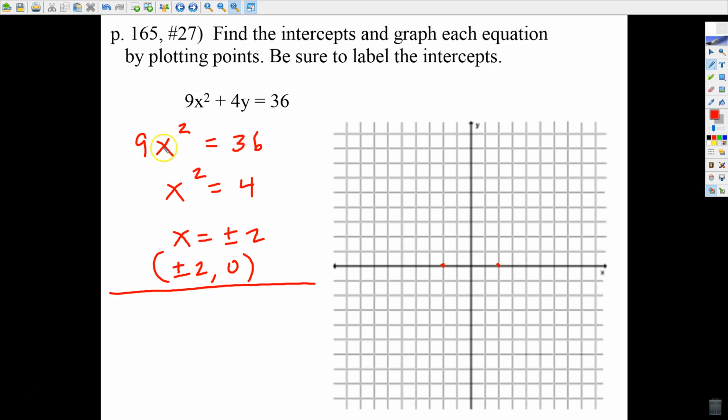If you let x be 0 in the original, that makes this term become 0. In other words, it just cancels. 0 squared is 0, 9 times 0 is 0. So in essence, to find the Y-intercept, you're just going to solve this little equation. 4y is 36, and we come up with y as 9. So our Y-intercept will be the point 0, 9.